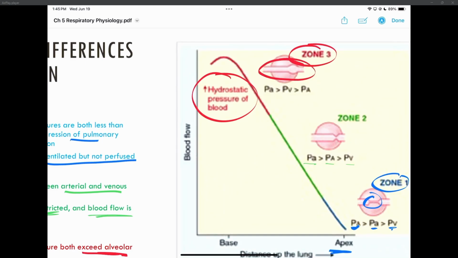The vessels are wide open, the capillaries are wide open, allowing perfusion of the blood, therefore we have ventilation and diffusion of oxygen and so forth. So just know, at rest, zone 3 is the base, everything is open, and we're being perfused.